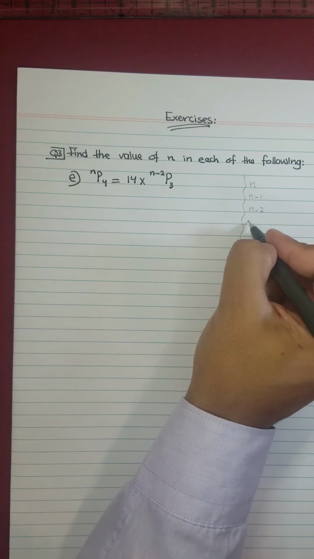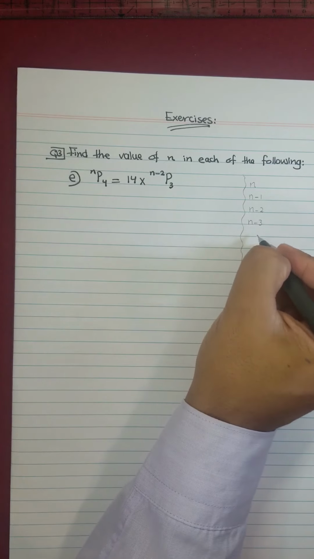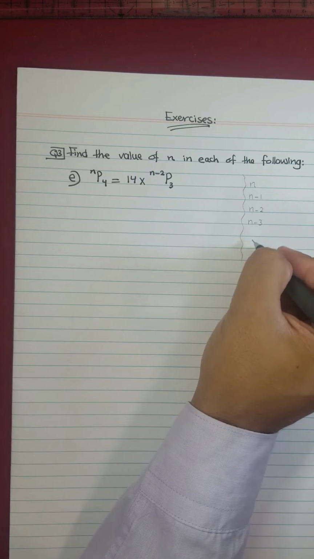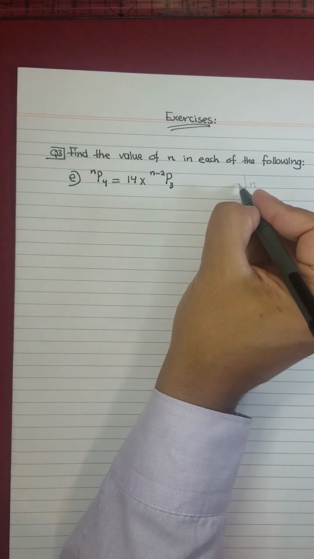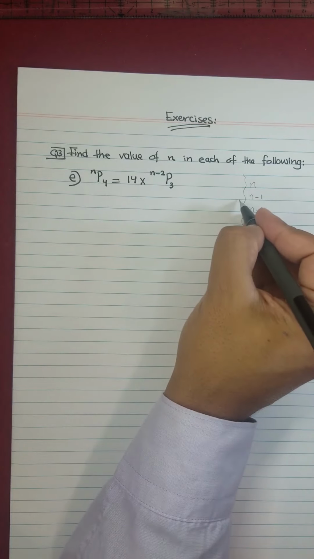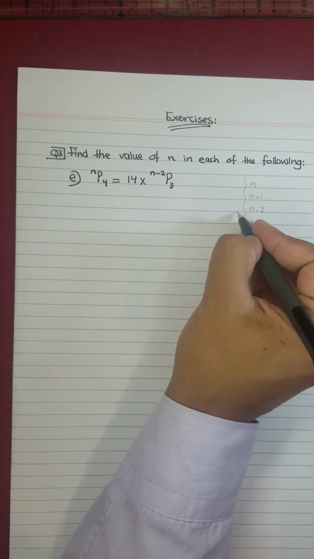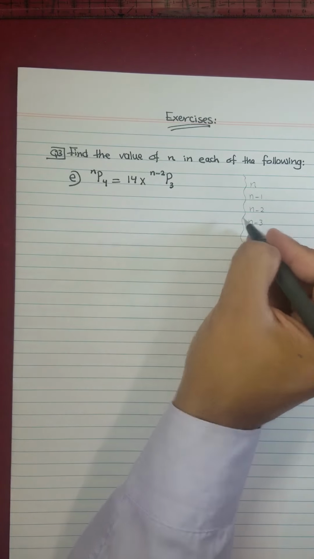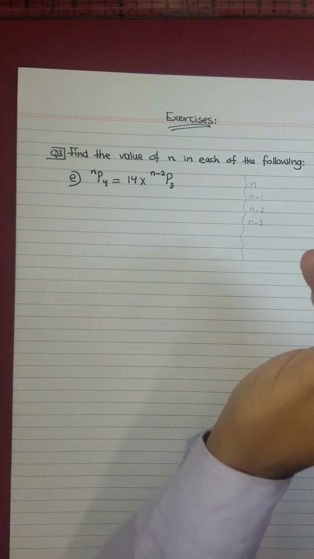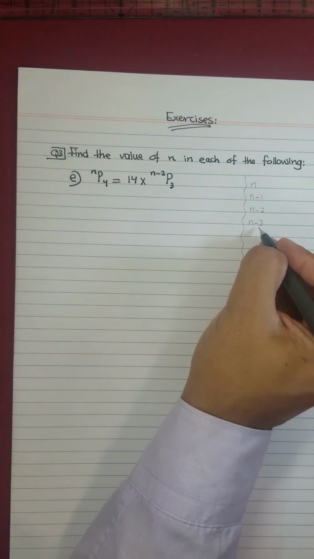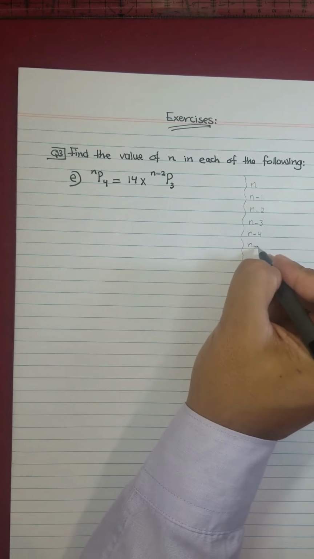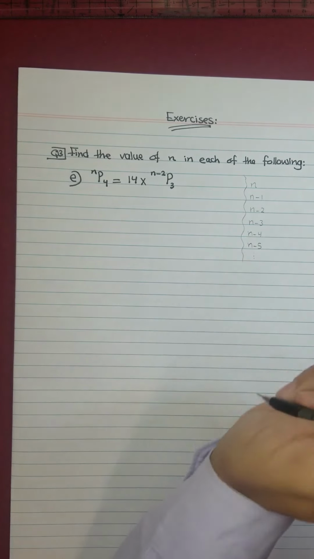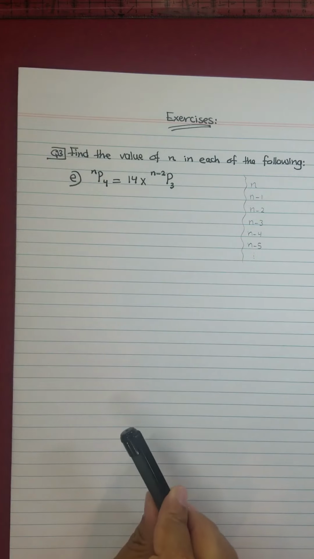The next is n minus 3. And you keep reducing 1 every time, so you get a sequence. It's like when we have an 8, and then you minus 1, you get a 7, and then a 6, and then a 5, and so on. N minus 2, you minus 1, you get n minus 3, you minus 1, you get n minus 4, and so on. So this is a sequence of n that you need to know here.